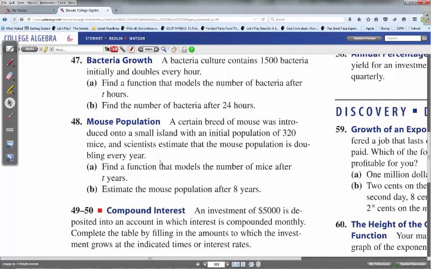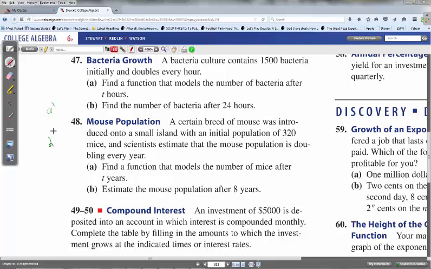If you know that the mouse population doubles every year, you can start off by saying, whatever our initial population is, it's going to get multiplied by 2 for every year we have it. So it's like we have a to the x.